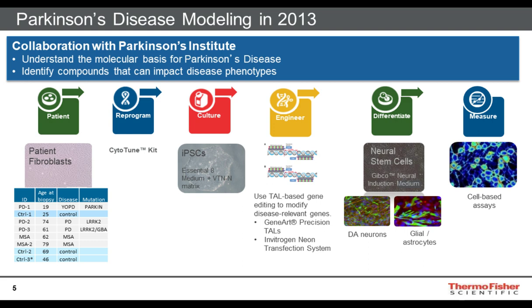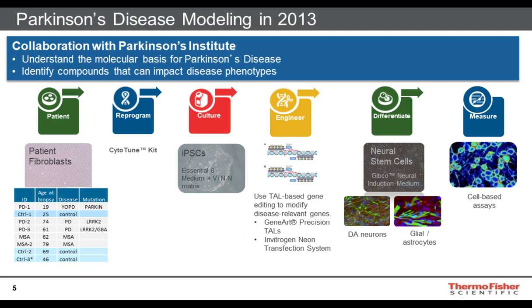So we took those patient fibroblasts and used our CytoTune reprogramming kit to turn them into induced pluripotent stem cells. We then grew those pluripotent stem cells using our Essential 8 medium and vitronectin matrix, which were top of the line at that time. We then used our TAL-based genome editing system to deliver SNP corrections into the genome of these cells.